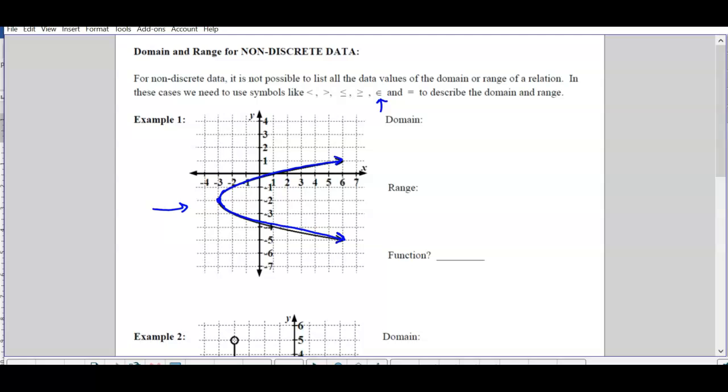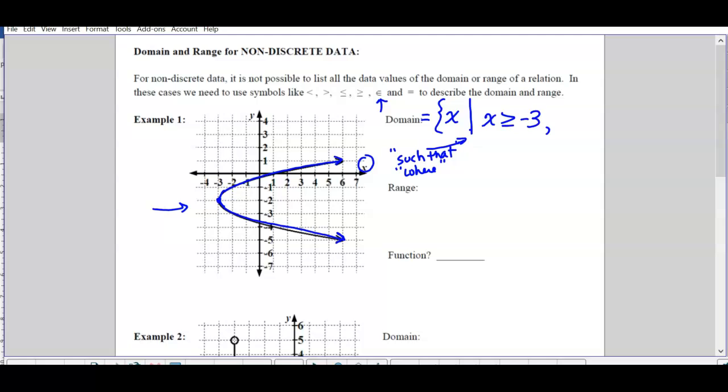So our domain here, we can put equals because the word's already there, our set bracket, and this is where we put whatever variable is being used for your domain, so x, with a vertical line, which means such that, or where. So this says domain is the set of all x values where x is greater than or equal to -3.